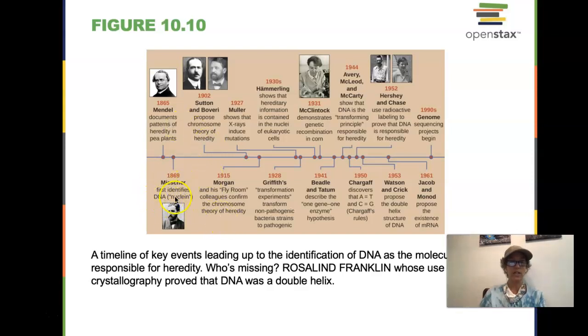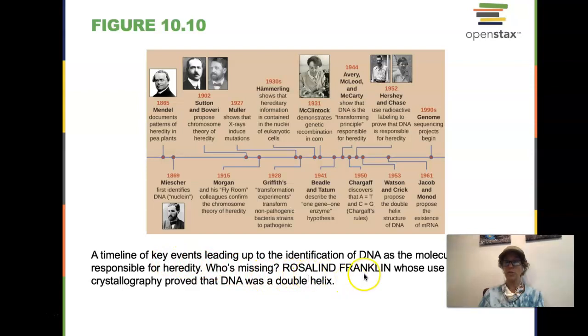Miescher identified nuclein by the chemicals inside the nucleus of cells. And we progress all the way until we get to 1953 with the structure of DNA and the existence of messenger RNA and sequencing of the genome.